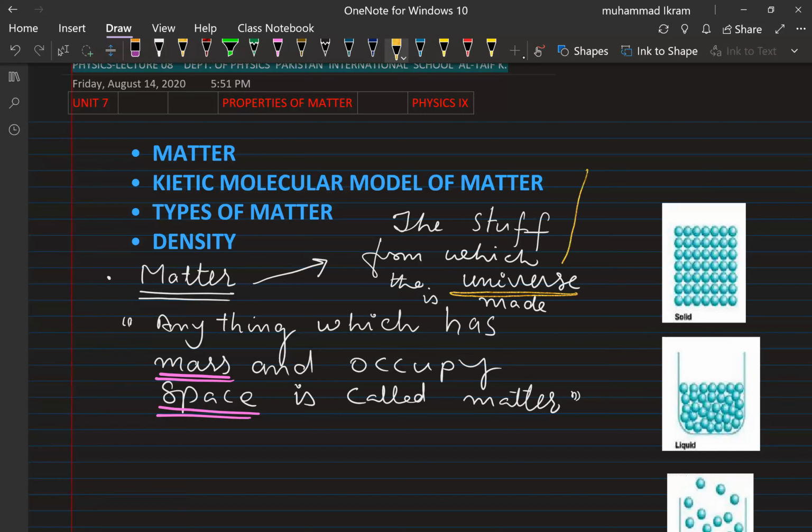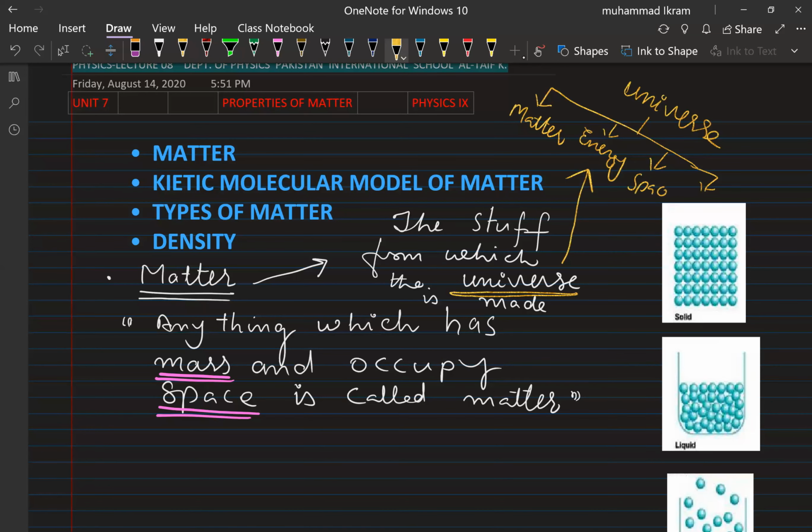Because actually our universe consists of what? If I write here the universe, the universe consists of matter, energy, and I will explain in great detail to you about energy, matter, energy, and space.